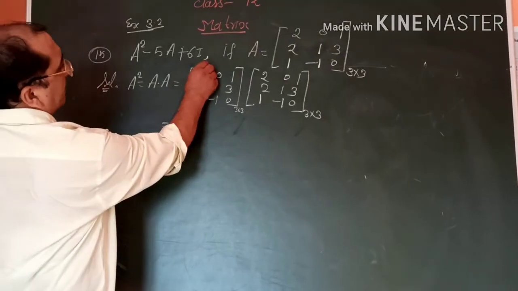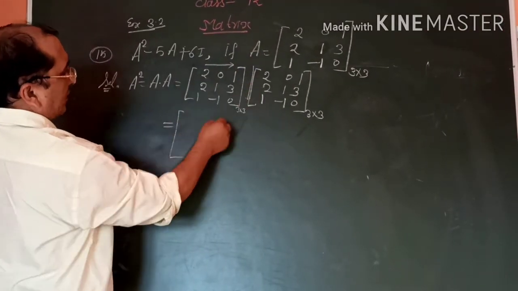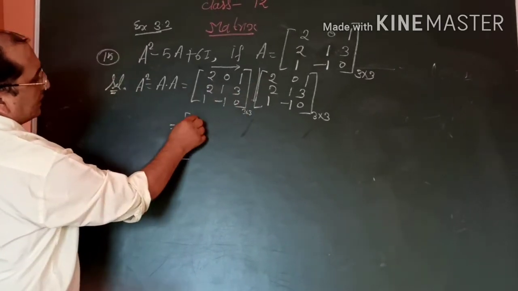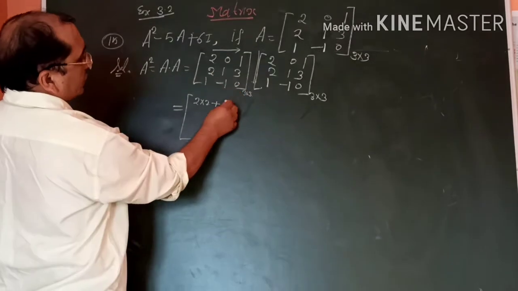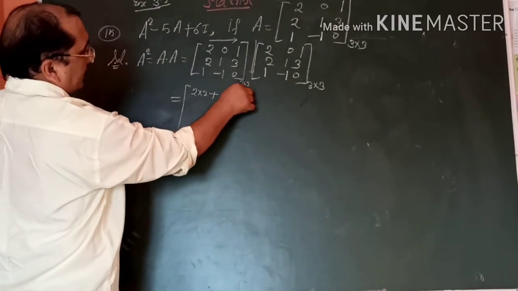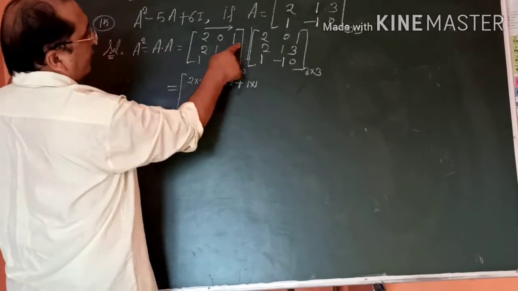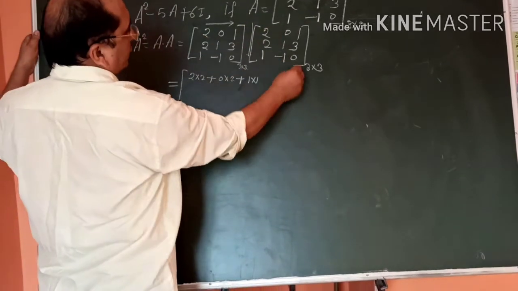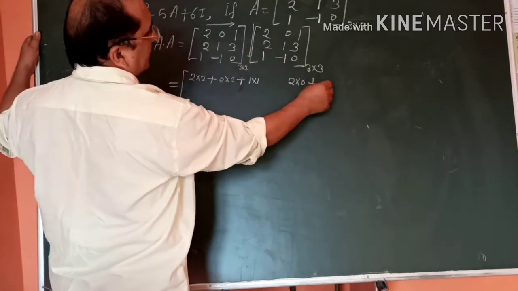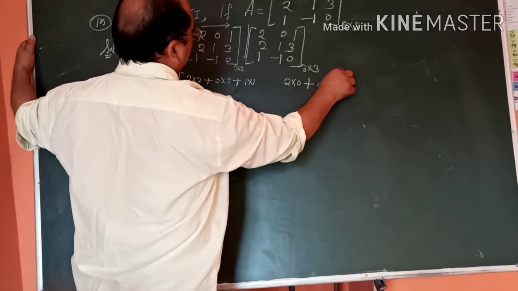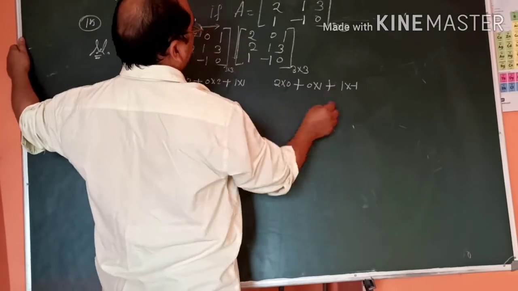And how do we multiply? Rows multiply columns. First row, first column: 2 into 2 plus 0 into 2 plus 1 into 1. Then first row, second column: 2 into 0 plus 0 into 1 plus 1 into minus 1.